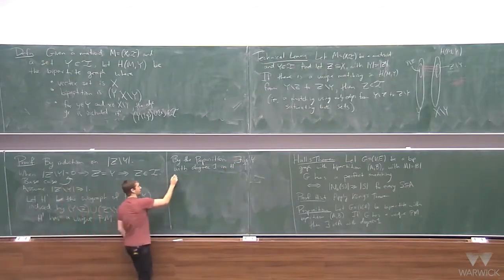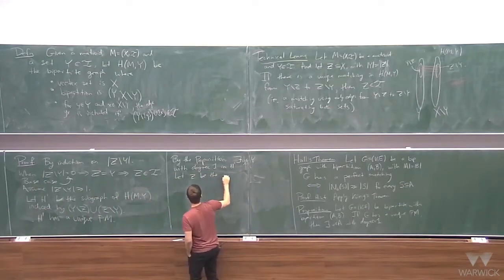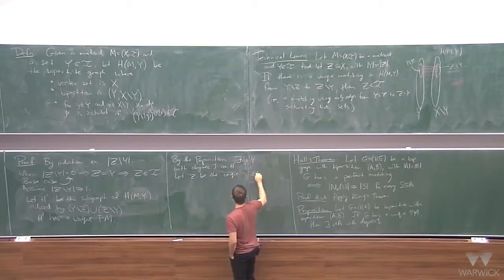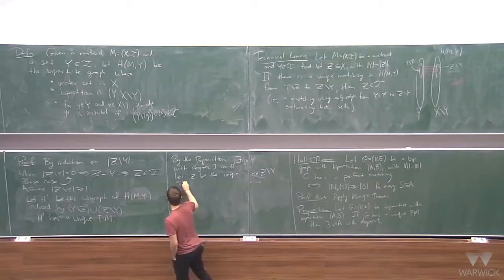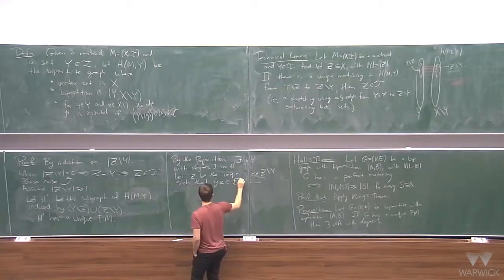So let z be the unique vertex, the unique z in Z minus Y, such that yz is an edge of H prime.